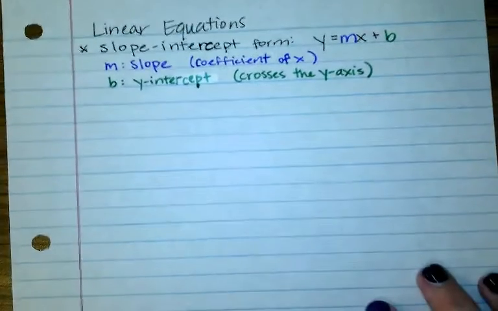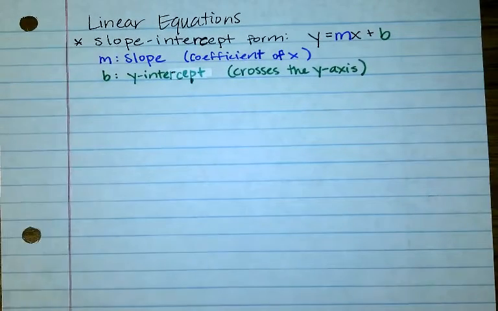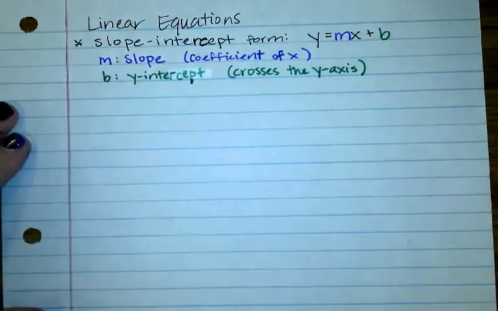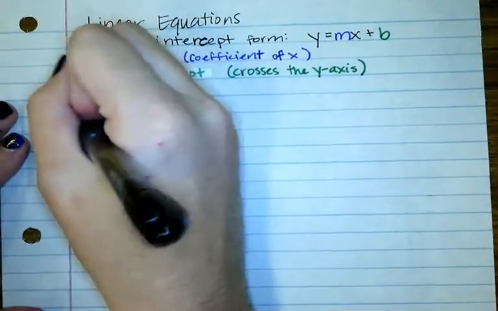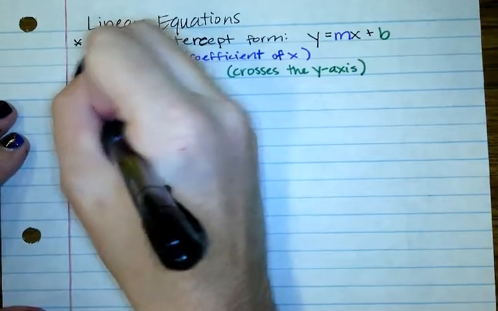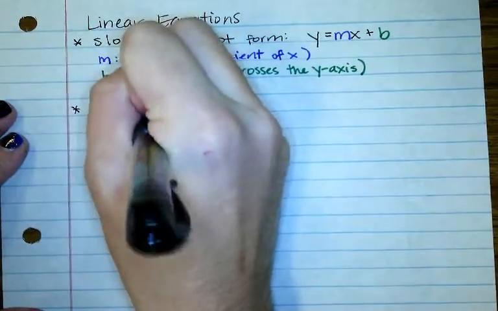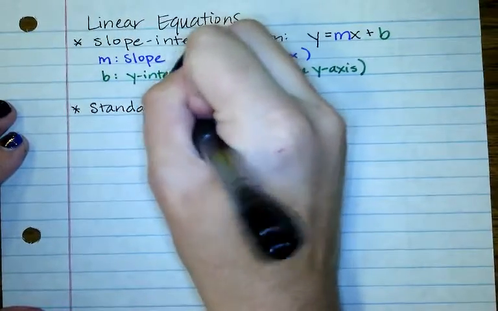All right? Now there's two other forms that we're going to talk about today. We aren't graphing yet, but we are going to look at these two other forms, and we're going to work on putting them into slope-intercept form, so that we can be ready to graph them next time. So the other form of an equation that we are talking about is standard form.